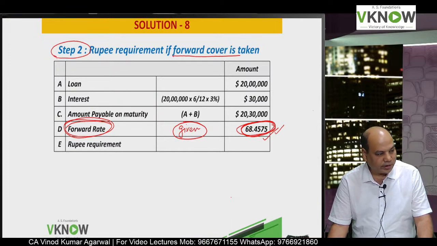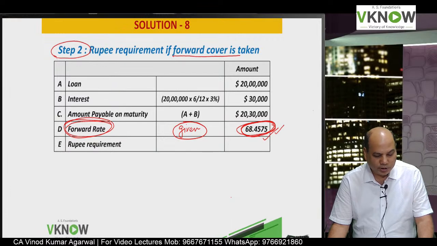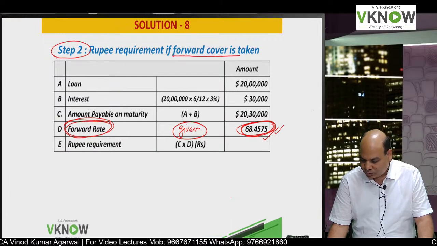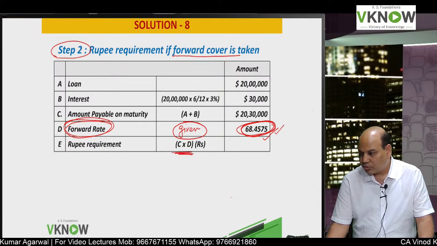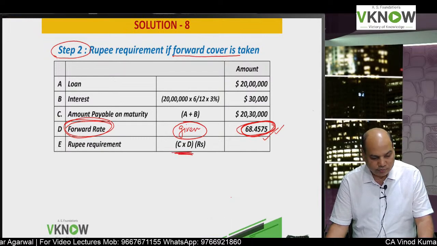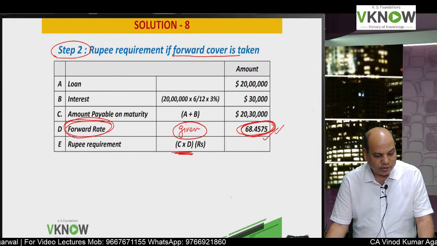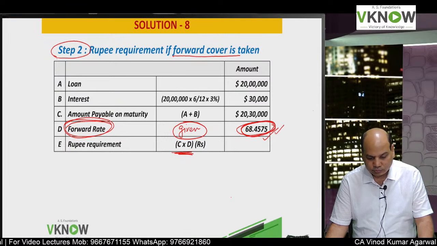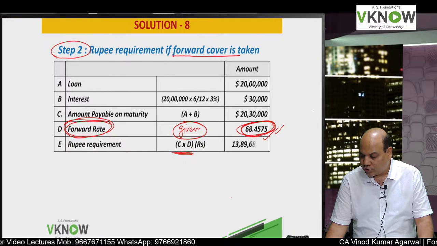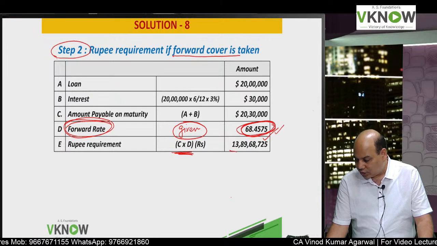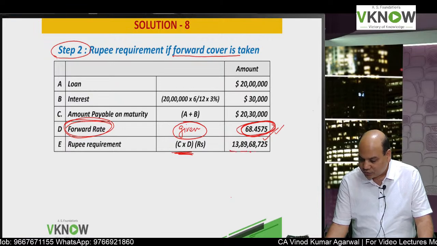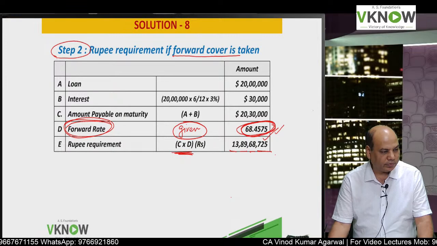Next is rupee requirement. What is the rupee requirement? Rupee requirement will be C into D. Multiply C into D. Come on. The answer is 13 crore 89 lakh 68,725.